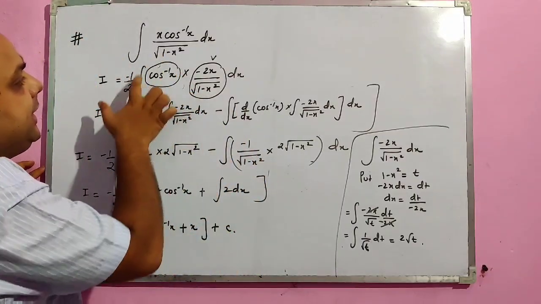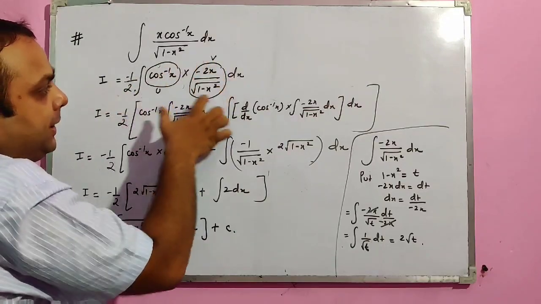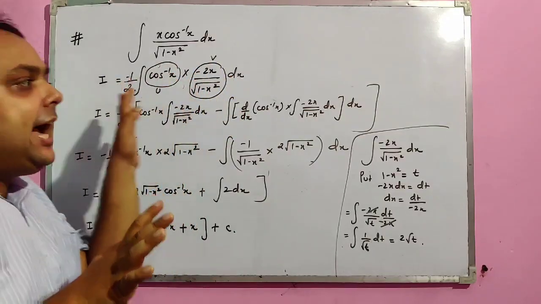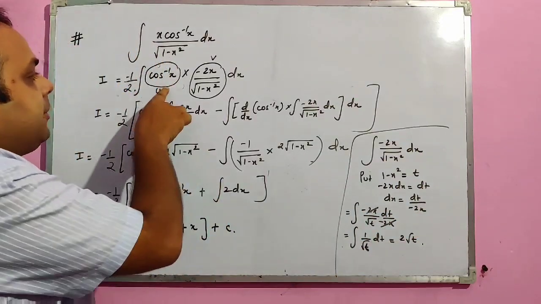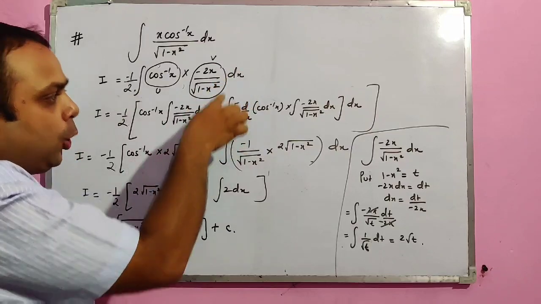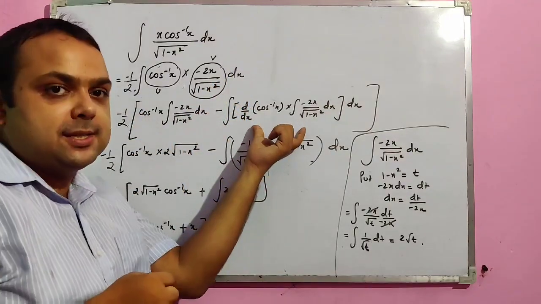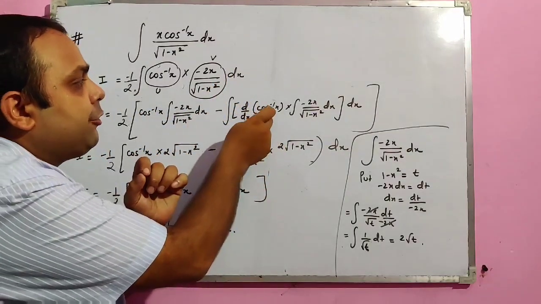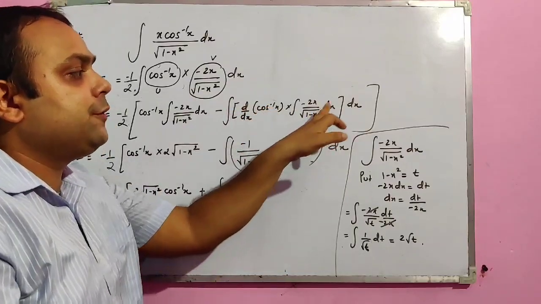Now this complete part is taken as u and this complete part is taken as v. Now applying the Ilate condition, first term as it is, integration of second minus whole integration of the product of this, that is differentiation of first multiplied by integration of second.